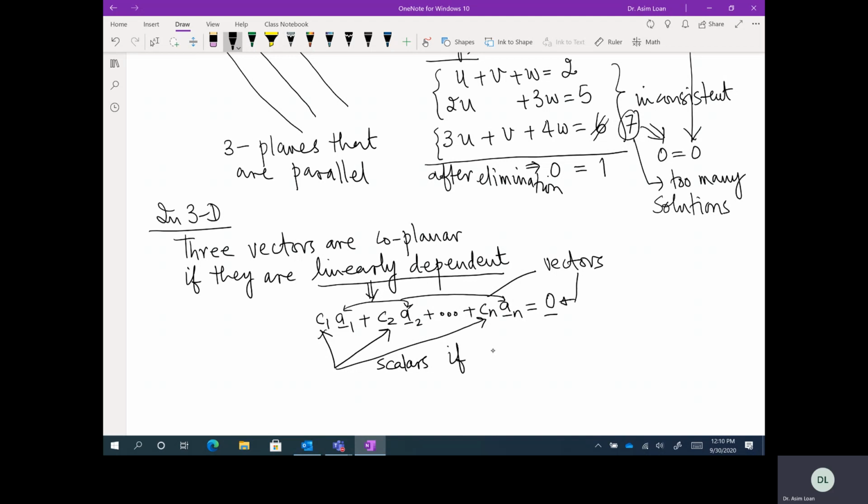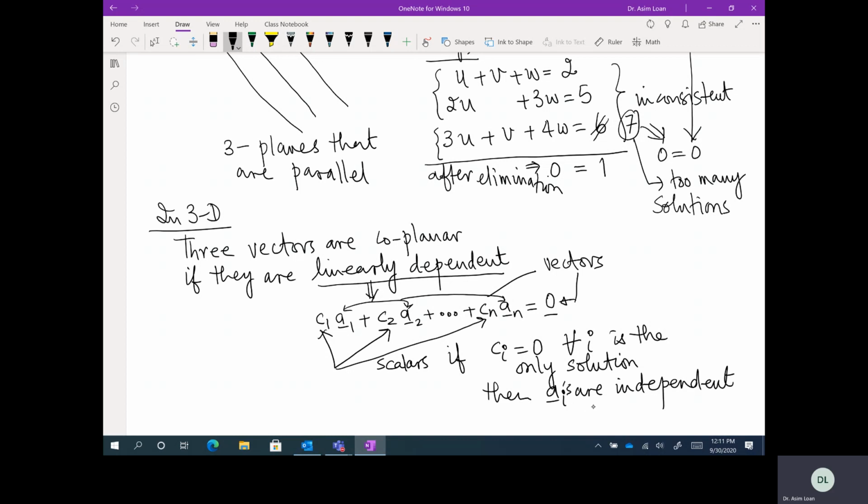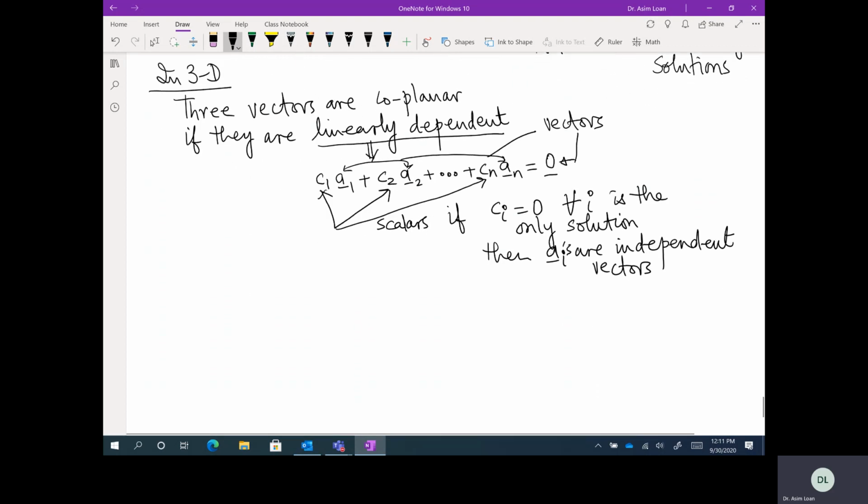If Ci equal to 0 for all i is the only solution, then the Ai's are independent vectors. If this is not the case, then they are dependent vectors.